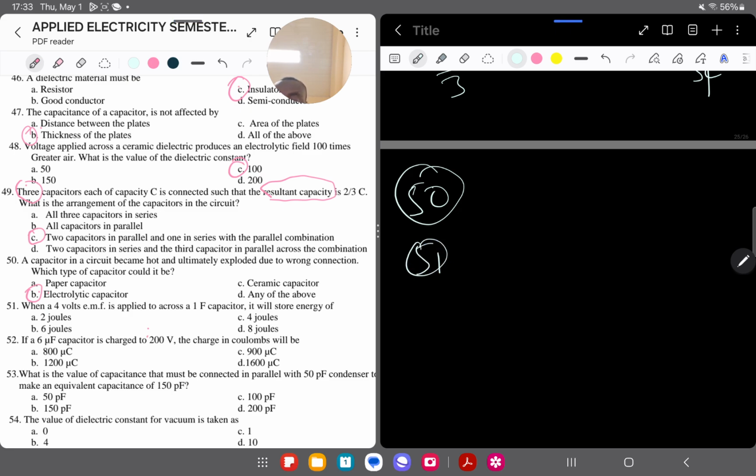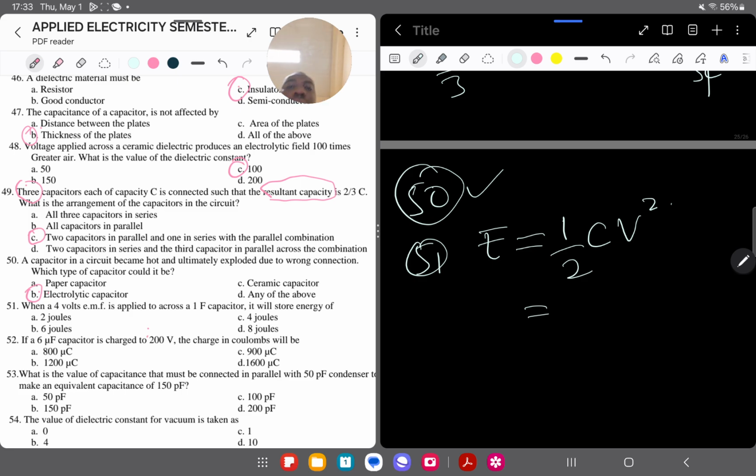51 here. This is done. When a 4 volts EMF is applied across a 1 farad capacitor, it will store energy of... okay, so this one is talking about the energy stored in a capacitor. The formula is going to be equal to half the capacitance times the voltage squared.